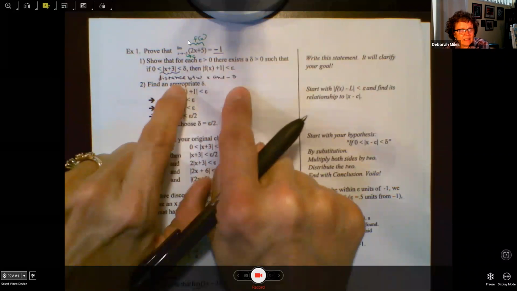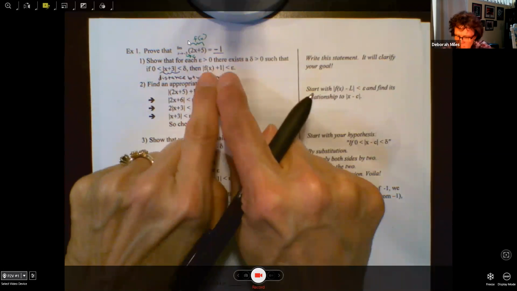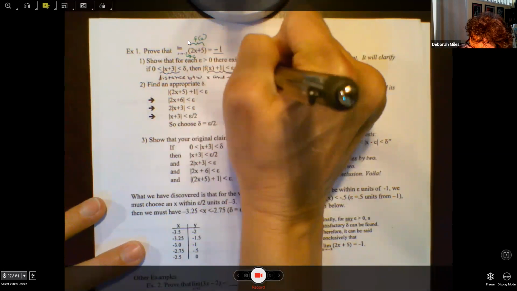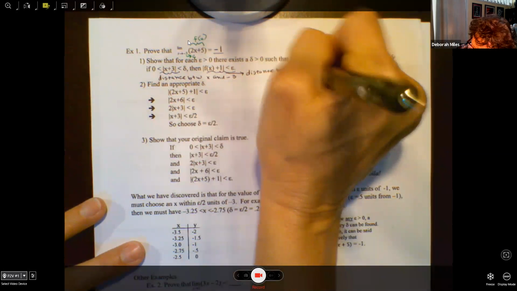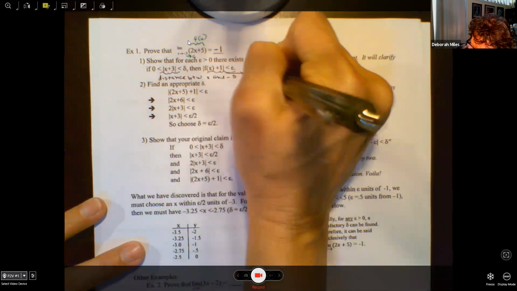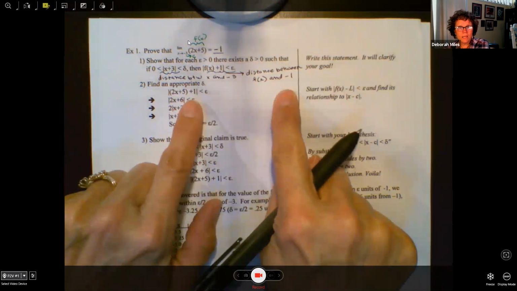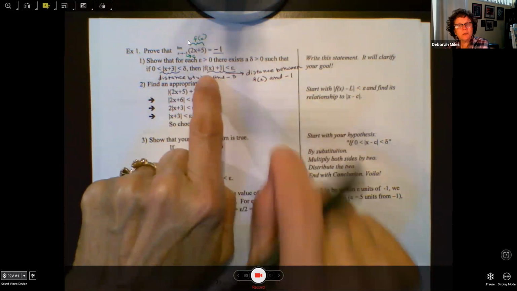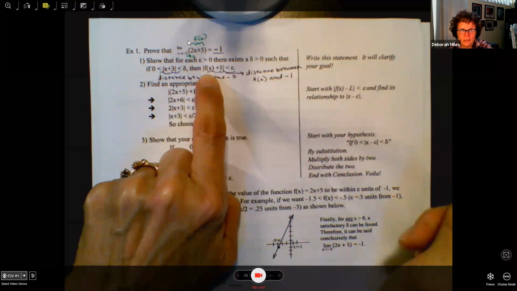If that distance is less than delta, then the distance between f of x and -1, again, the distance between f of x and -1 is f of x minus -1, and I just wrote that as f of x plus 1.